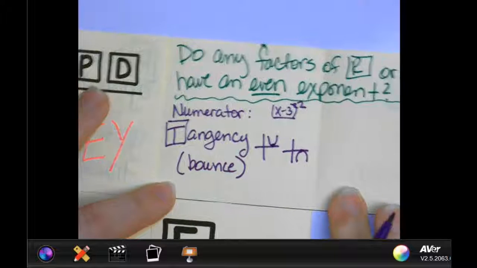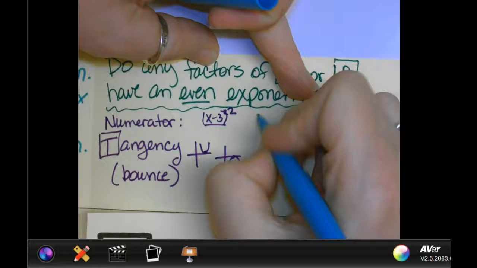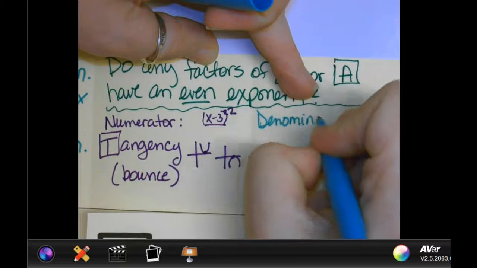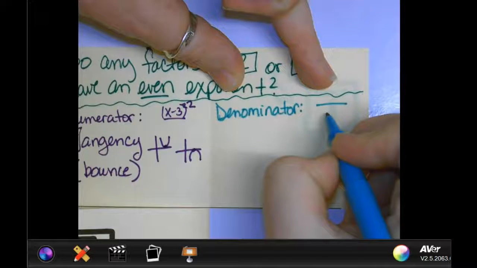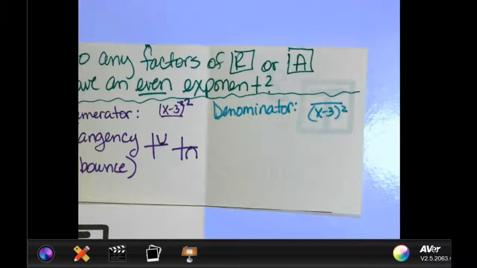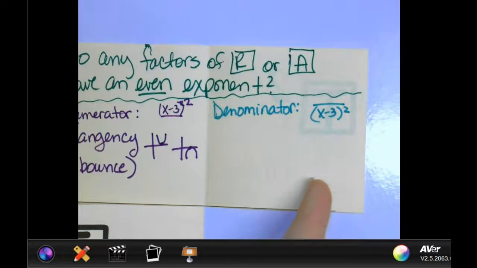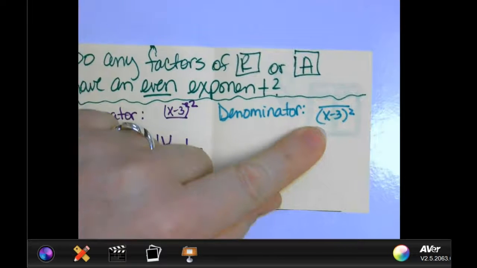So in the denominator, let's say that I have x minus 3 squared in the denominator. First of all, what does that tell me I have? Oh, possibly, depending on what the numerator is. If it was 1 over that, then yeah, it would be a parent function. But of the R and the A, what does that give me?